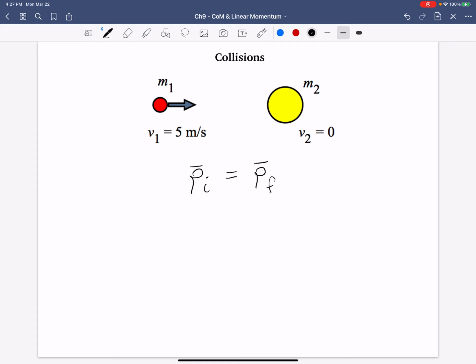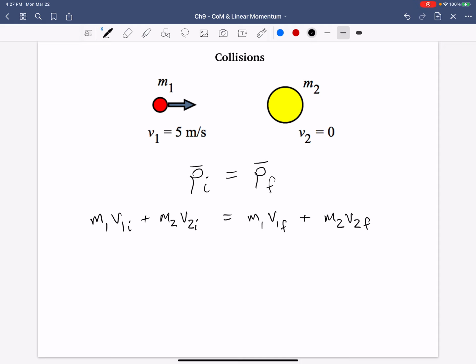All right. So in this case, let's be very explicit. M1 V1 initial plus M2 V2 initial has to equal the same thing final: M1 V1 final plus M2 V2 final.